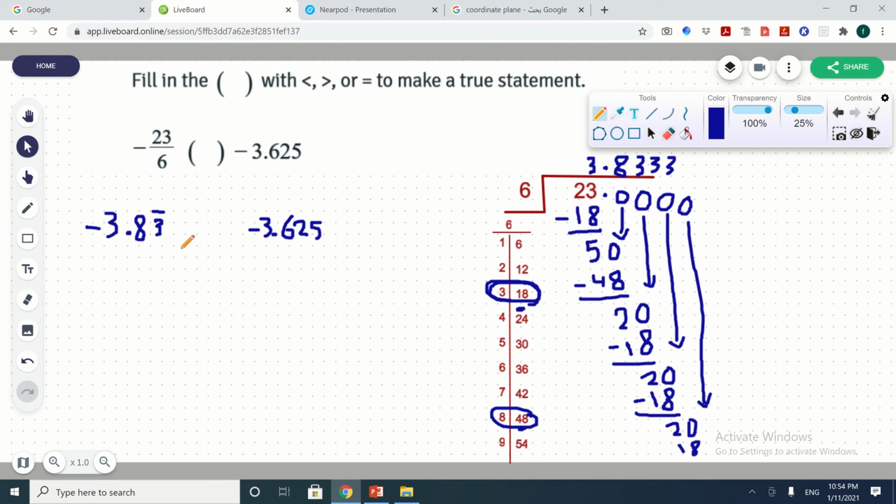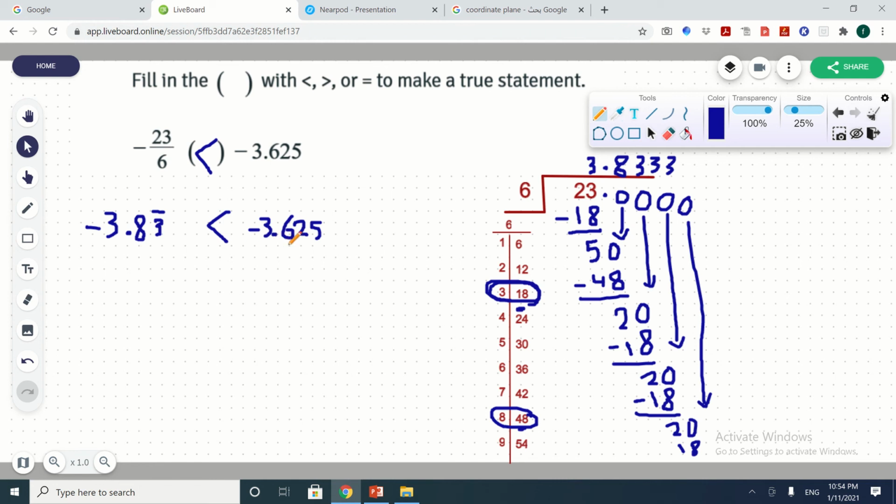Which number is greater? In decimals the small number will be greater. So here I have 6, it's less than 8, but because it's negative it will be greater. Look here: 3 and 3, here 8 and here 6.